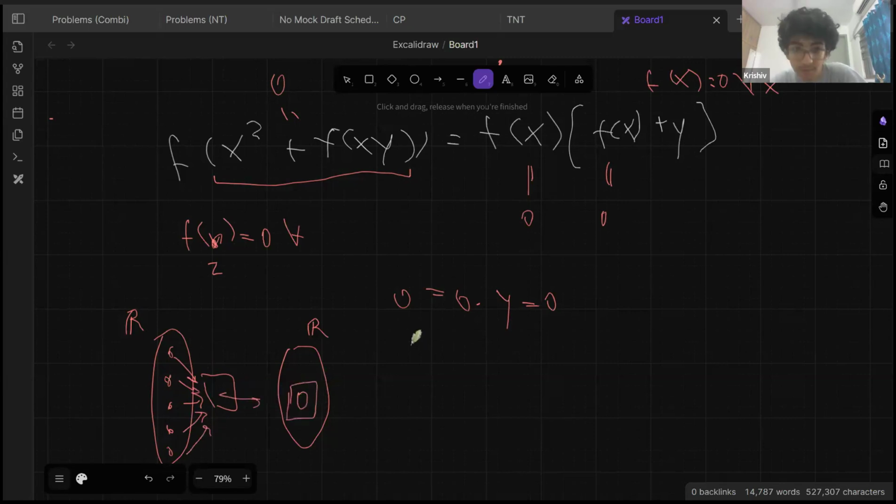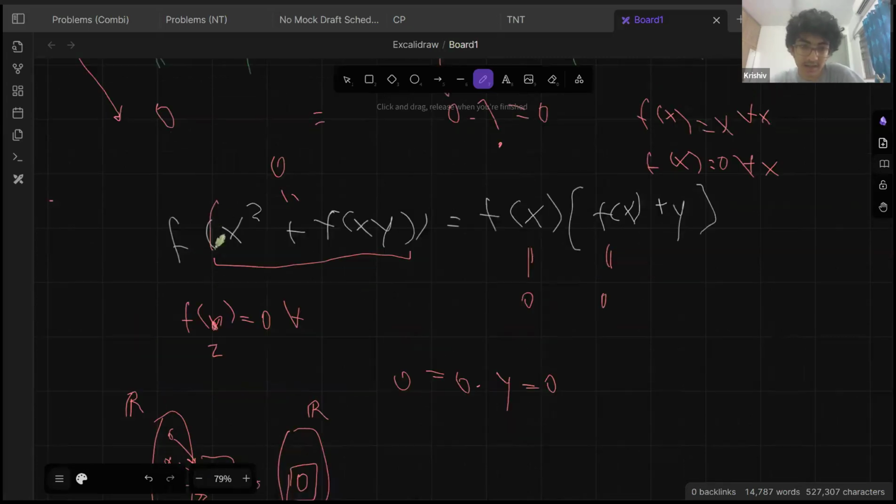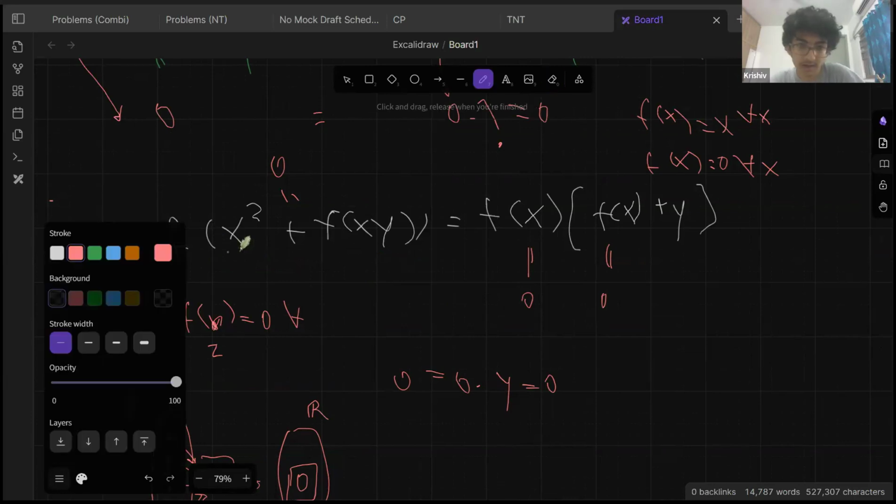Every single value is getting mapped to 0. And since this is also a value in R, this has to be a value in R, right? Because this is in R, this is in R. So this thing is in R.